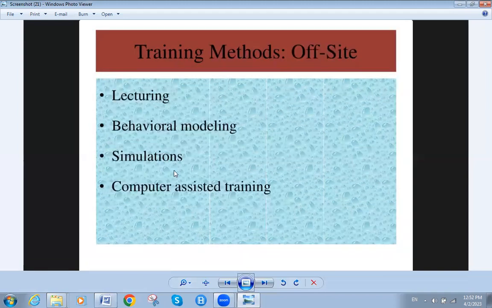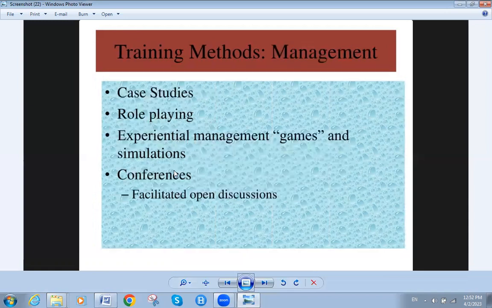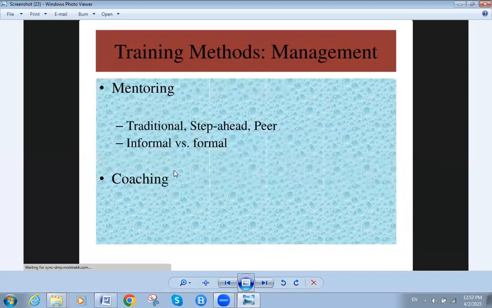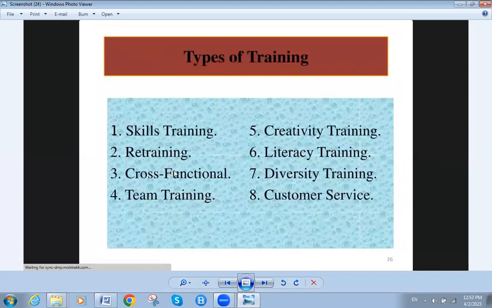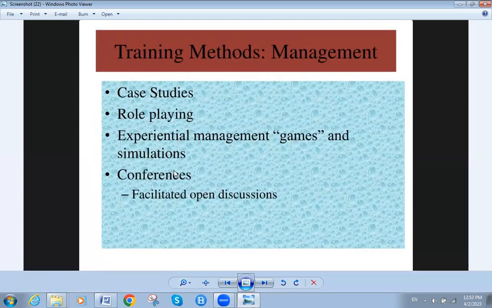Off-site, away from the place of the training, includes lecturing, behavioral modeling, simulation, and computer-assisted training. For management: case studies, role-playing, experiential management games and simulations, and conferences. Mentoring and coaching also. So these are the methods of training.